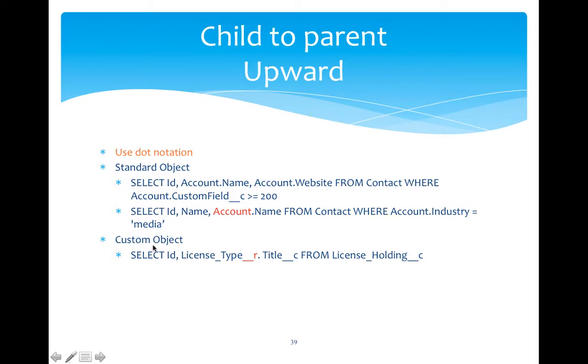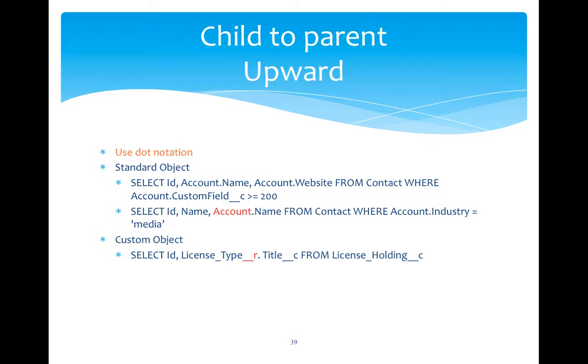Now in the case of a custom object, you will have to keep in mind that the relationship name would be the same as the API name of your custom object, but with a little difference: it would hold __r instead of __c. And that way you can access data from child to parent using a child to parent query.